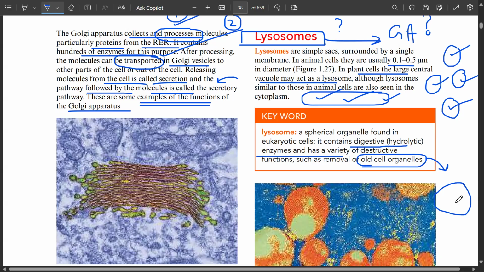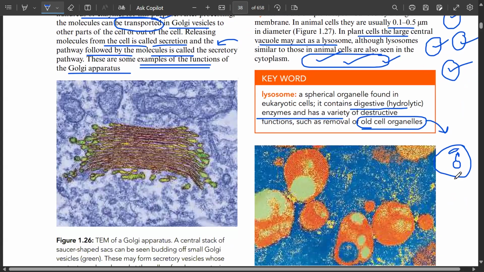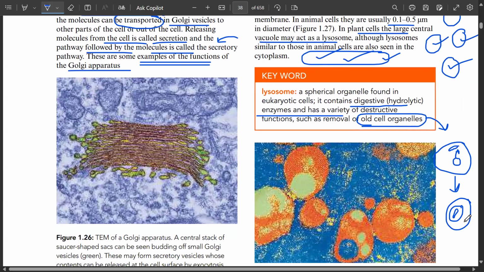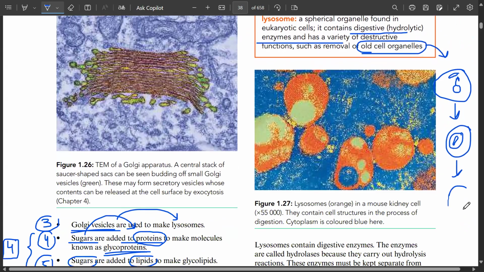Now, look at this. This was a lysosome. It went to digest a worn out organelle. Then the next step was inside the cell. Now the lysosome has digested that worn out organelle. Now this lysosome is going to go towards the cell membrane to secrete out that worn out cell organelle. Got it?